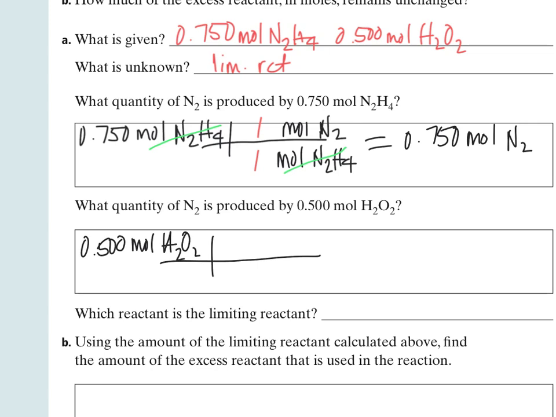So what am I doing? Well, you've got to go from grams to moles. I don't have grams. That was just a hypothetical. Oh, I've got moles. So moles of the hydrogen peroxide go on the bottom, and moles of nitrogen gas go on top.